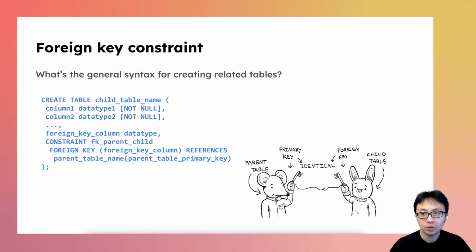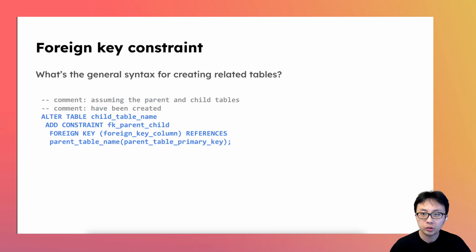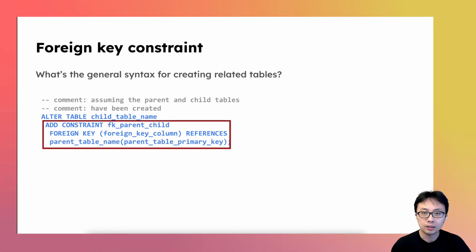You still need to define all the columns, data types, and the primary key, of course. The general syntax for creating a child table is presented here on the screen. Alternatively, you can create the two tables independently and add the foreign key constraint to the child table afterward, like what you see here. In both options, you saw the constraint foreign key clause.